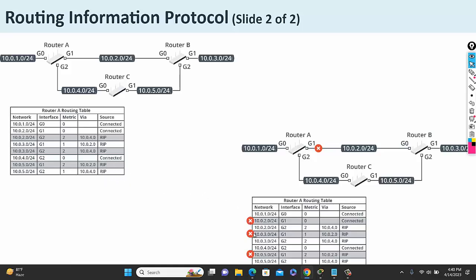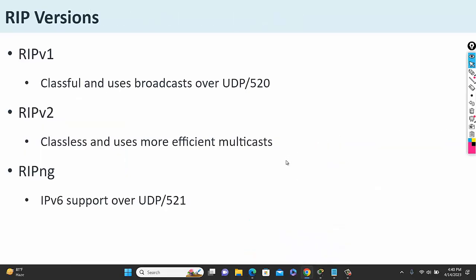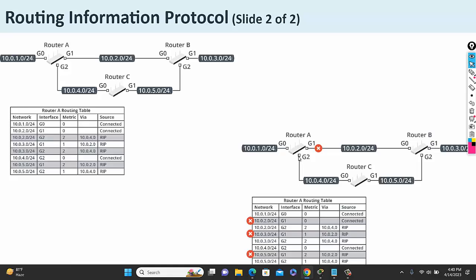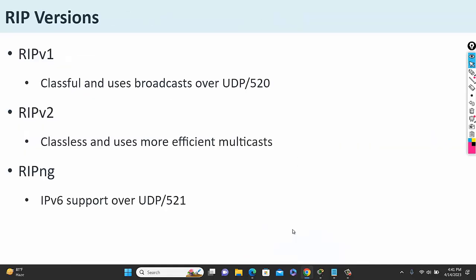If any route is disconnected, the information is removed from the routing table, and another route entry is made inside the routing table. For example, if this link is broken, a new link entry is made automatically.